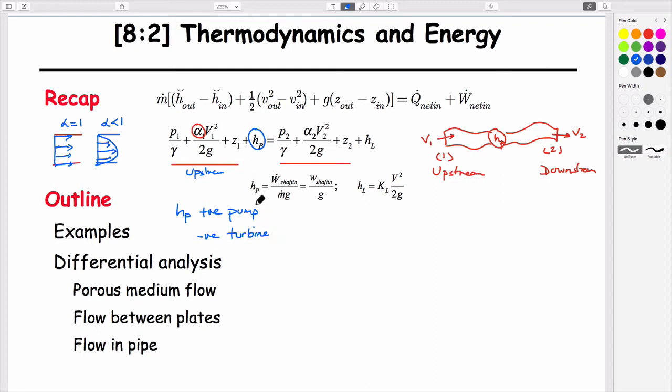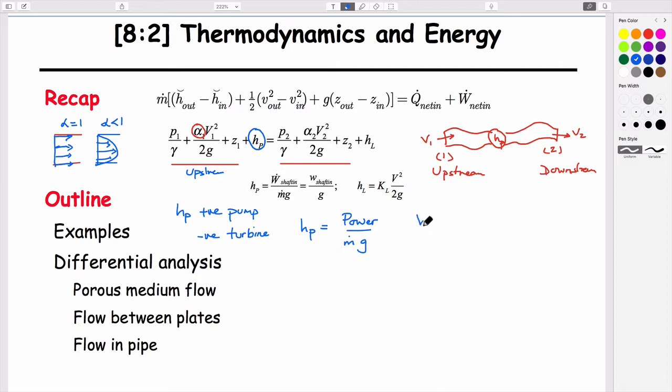And it can be defined in terms of this relationship here. Pump head is equal to power, joules per second, or watts, hence the rate of doing energy, divided by mass flow rate times g. You can do it as power per unit mass flow rate if you divide this expression top and bottom by mg.